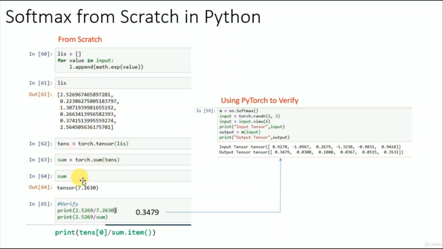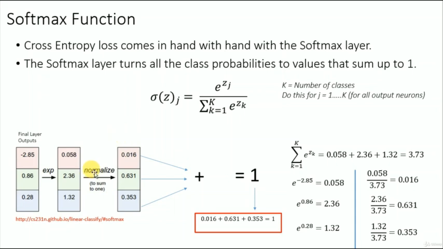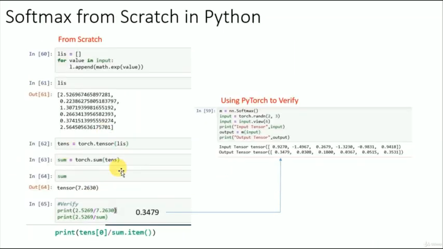So basically we get 7.26 summation of all of these values, and then we're going to take each value of these and divide it by 7.26. So here is where we're normalizing them, and basically we get the probability distribution that sums up to 1. Okay, so if you take, for example, this first value 2.526 and divide it by the sum, normalize it, which is 7.263, then you get 0.3479.